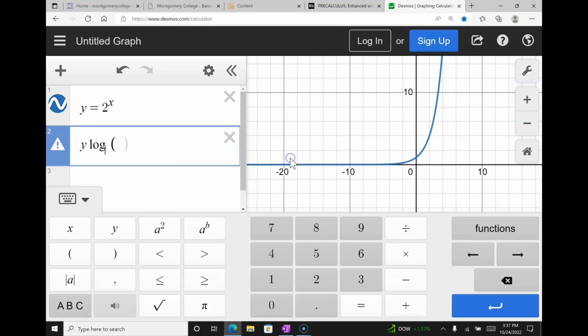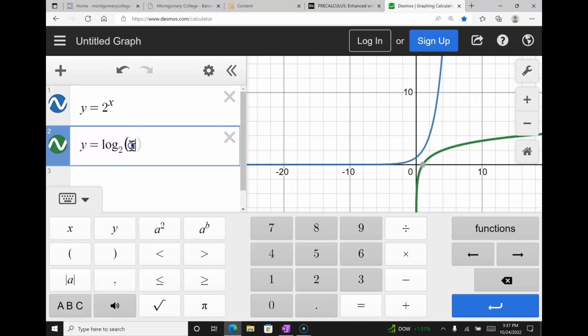Here it is. So y equals log base 2 of x. Now I didn't switch my x and y there, but you and I both know that when I'm writing it like this, I want to keep y as the name of the function.